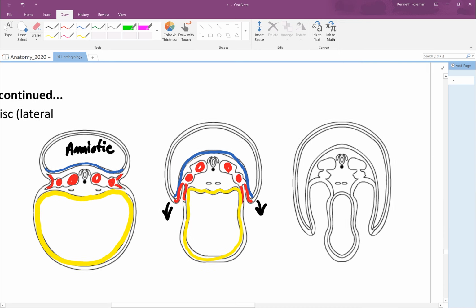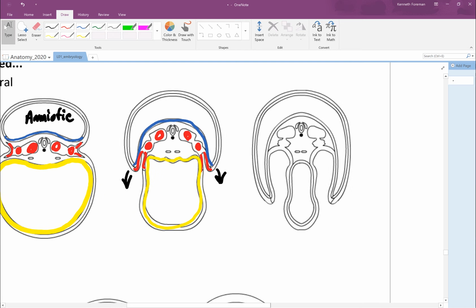As this continues to migrate or fold more anterior, that ectoderm begins to fold around more so. The lateral plate mesoderm continues to migrate, and our endoderm remains in the middle.